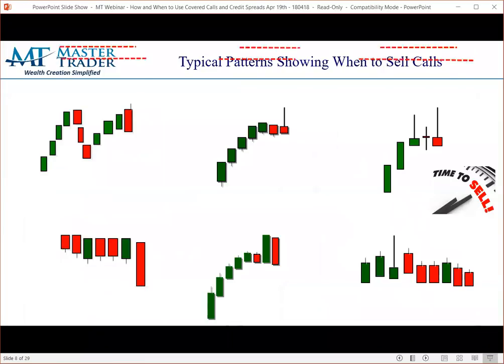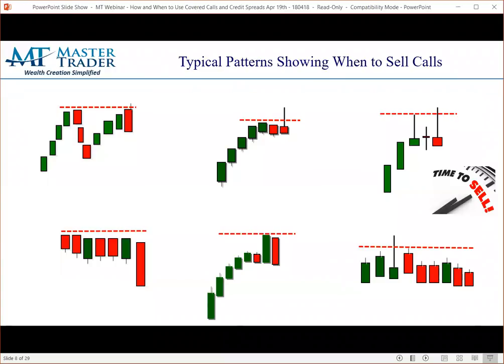These are the patterns that we're looking for when we're selling call options. So whether you own the underlying stock, whatever is your flavor, it could be Facebook, Google, General Electric, whatever it is, these are the patterns that we're going to be looking for, and we're looking for a stall in momentum or some short-term type of reversal or breakdown. And if you own the stock, this is when we're going to want to sell an out-of-the-money call option against it.